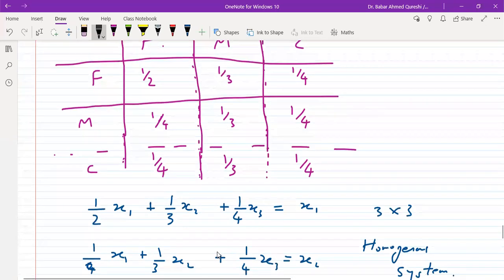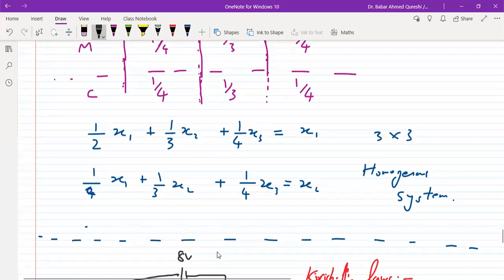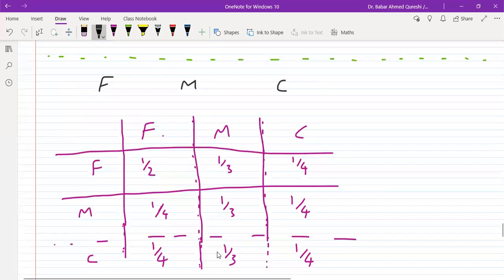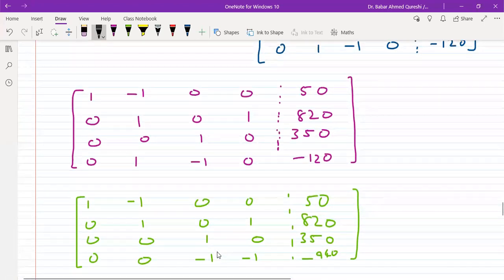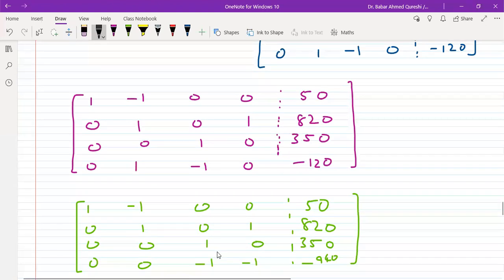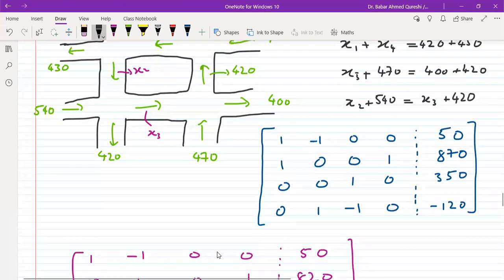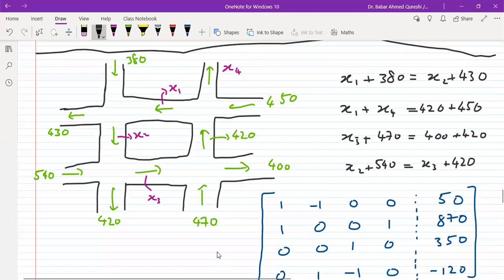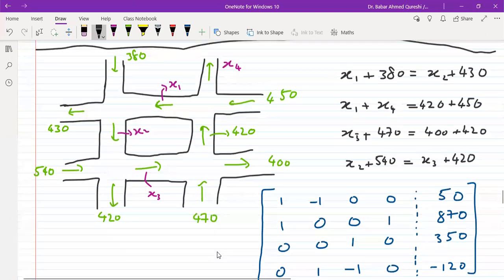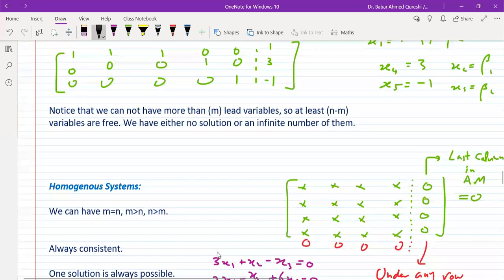The logic was such that there were no constants over there. Any other question?